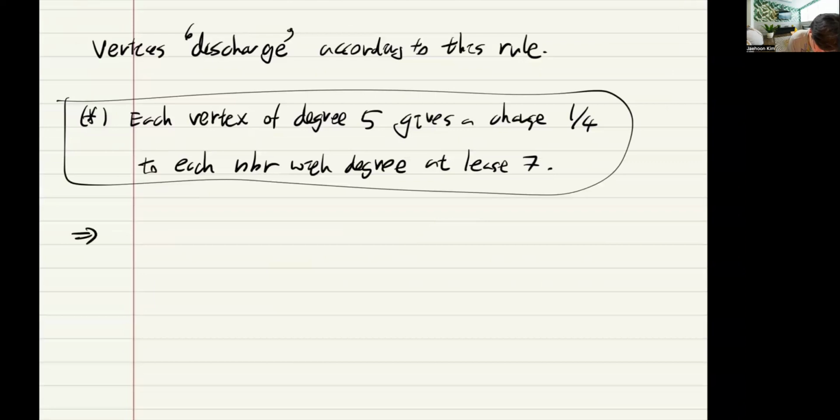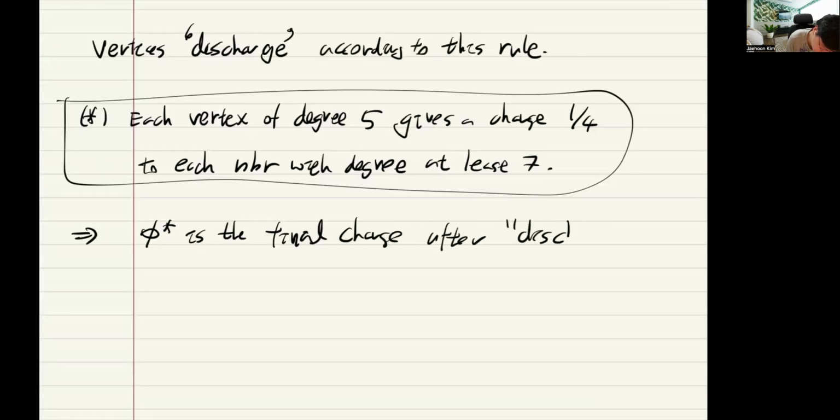Now, there was a number written on each vertex and face. After this rule, a new number is written there. The number has changed. Let's say phi star is the final charge after discharging.